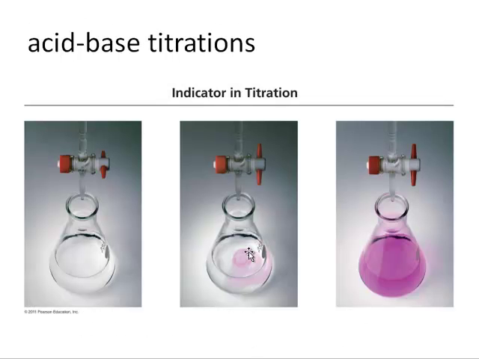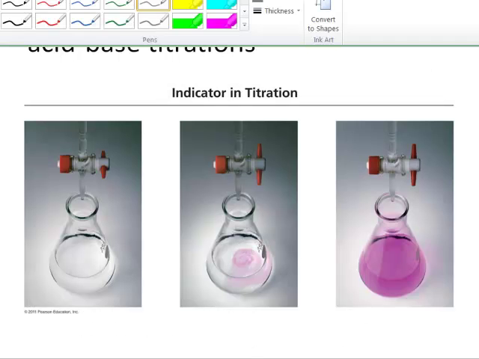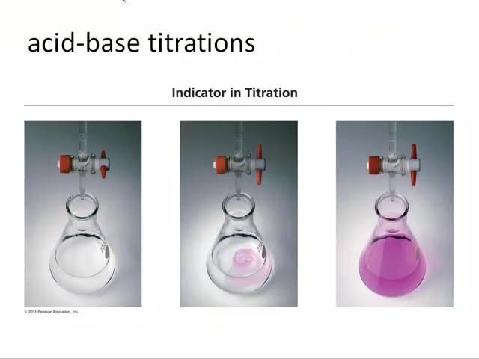Okay, so here's what a common acid-base titration would look like. We'd have a sample in our Erlenmeyer flask, usually our acid. Let's say for this instance we don't know what the concentration is.